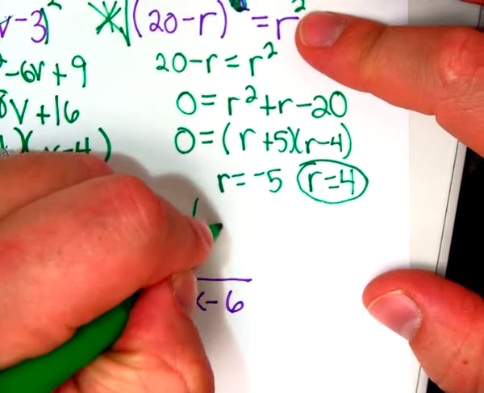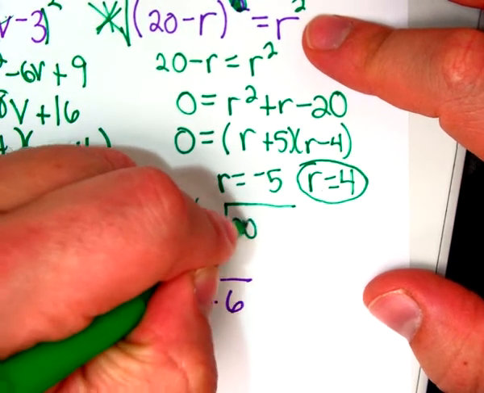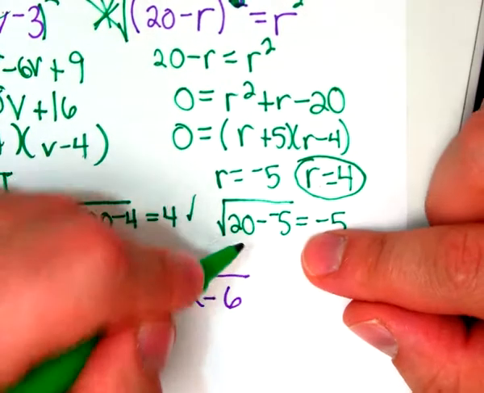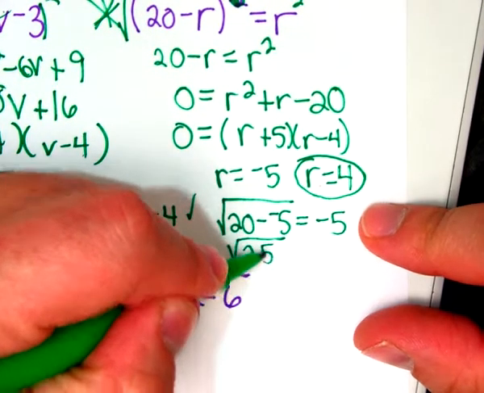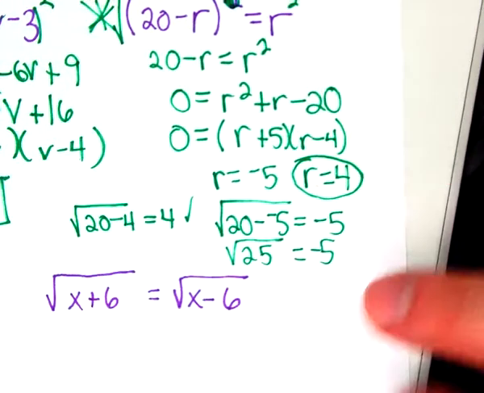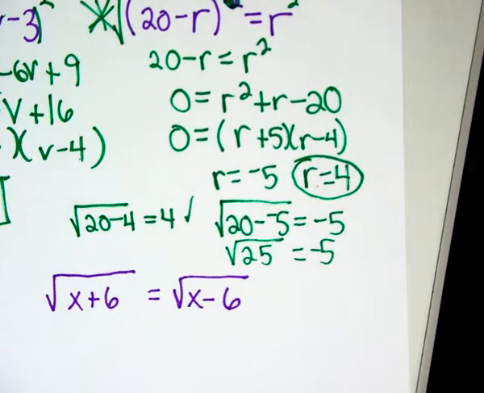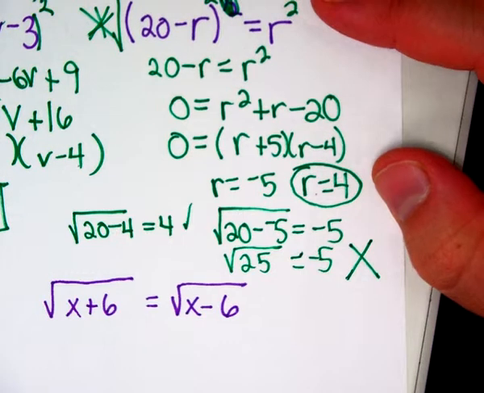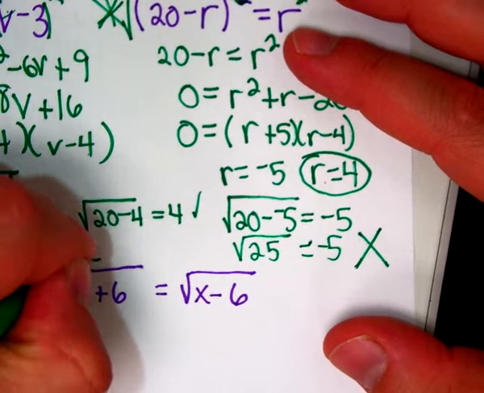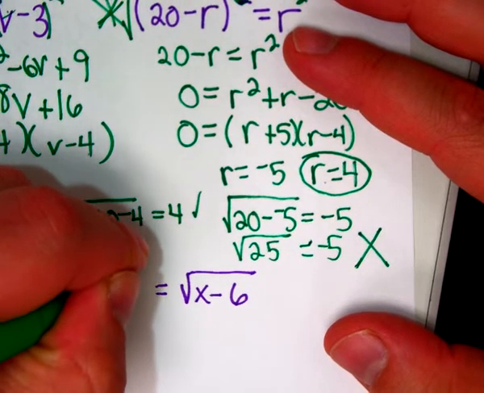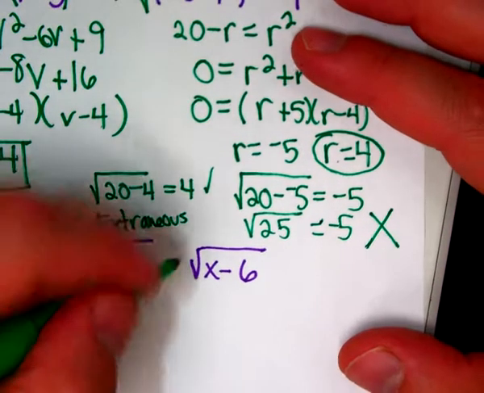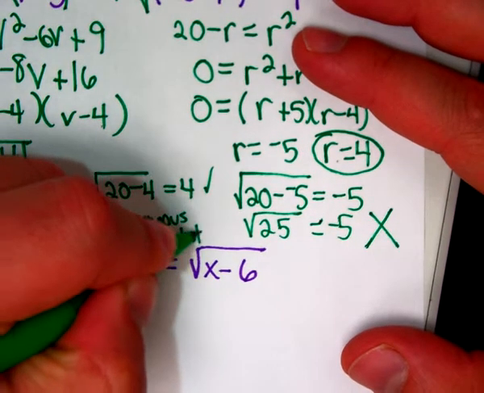What about when we use negative 5? Square root of 20 minus negative 5 equals negative 5. This is the square root of 25. The square root of 25 does not equal negative 5. And so what happens is this answer right here does not work. We call this an extraneous solution. It's a solution that we were able to arrive at through our methods, but it doesn't actually work.